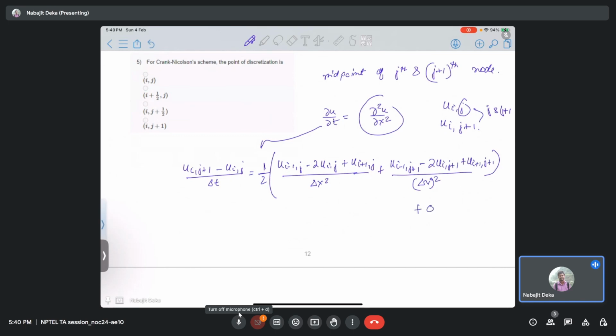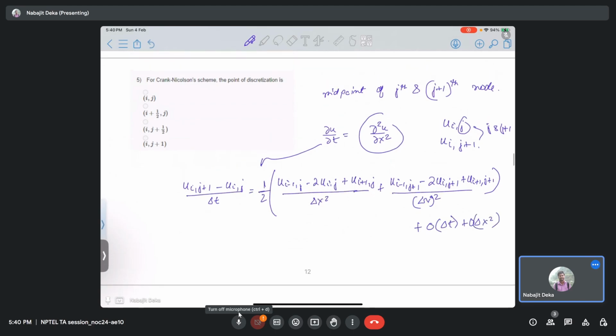So this will also be of order delta t and delta x square. So here, option j plus 1 half, option C, is the correct answer. We don't do it at j or j plus 1, we do it at j plus half, meaning at the midpoint of j and j plus 1.